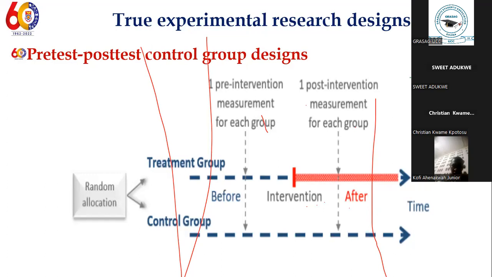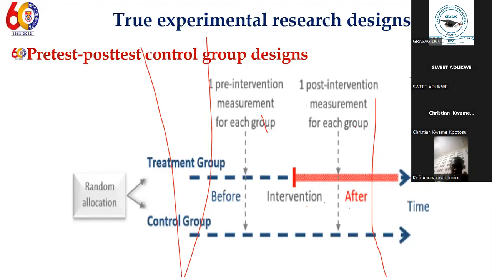So looking at the diagram, there is a random allocation, which is the same as random assignment. After selecting your students, you assign some students to the treatment group and others to the control group. The first thing that happens in the pre-test, post-test design is that you collect a pre-intervention measurement.